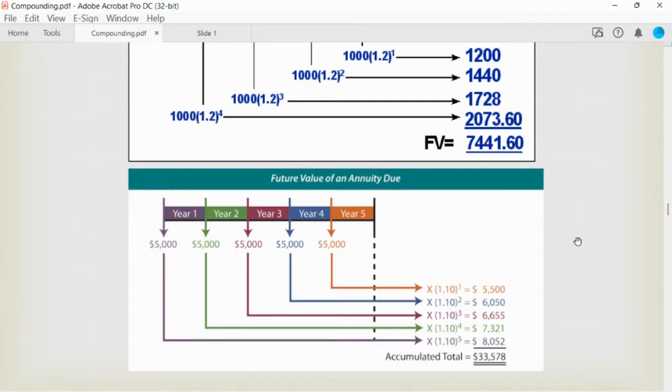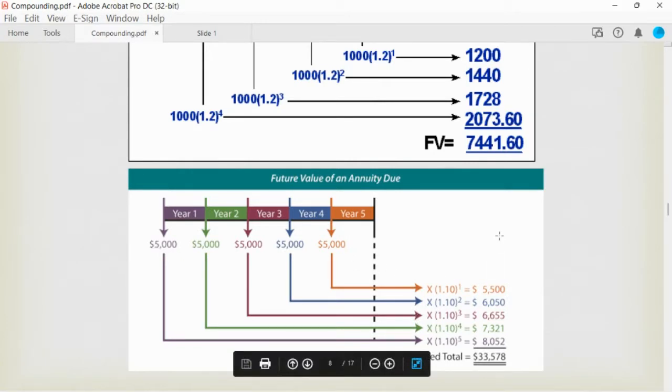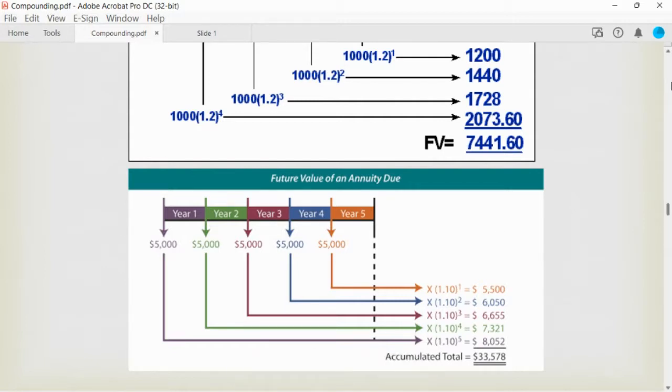Other than that verbal definition, when I ask for the definition, it's always the mathematical definition. And the mathematical definition is that annuity due has one more compounding than ordinary annuity. But ordinary annuity is the default, right? Why? Think about the word ordinary. Ordinary means that's the default.